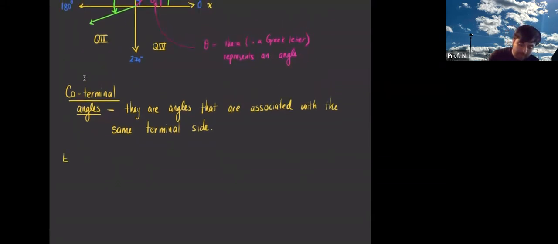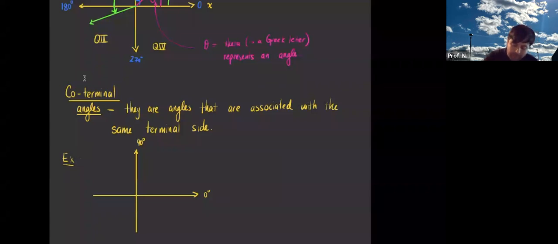So an example, if I have another XY plane here, again, this is 0 degrees, this is 90, and I were to have a terminal side somewhere in the first quadrant, and I'm going to say that this angle here is 50 degrees.